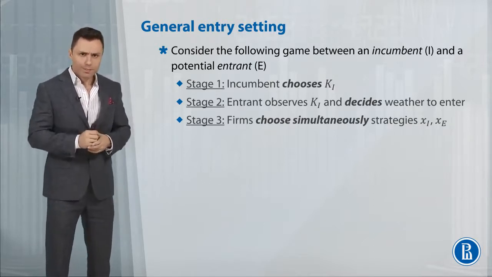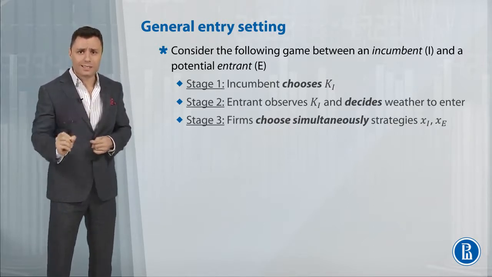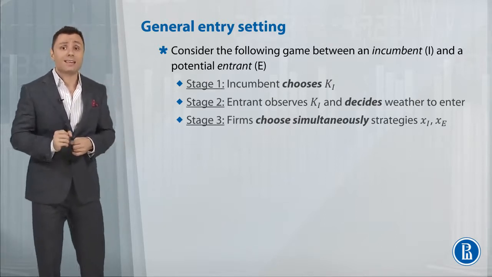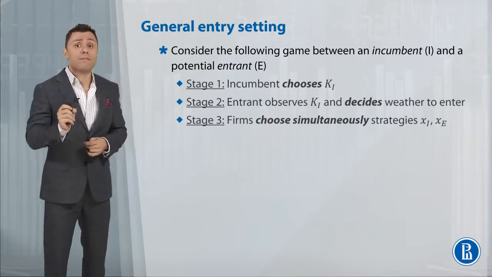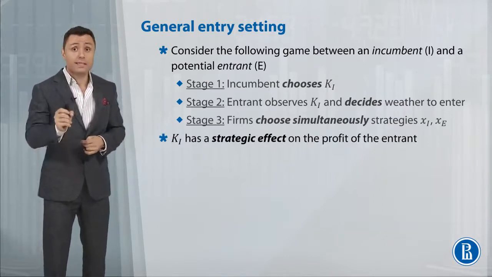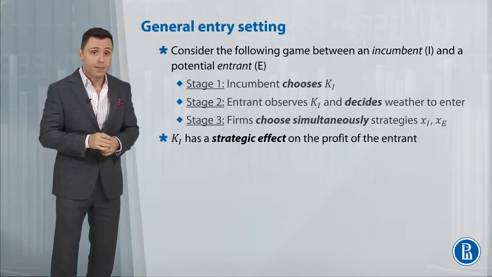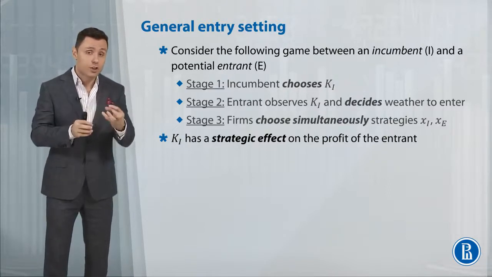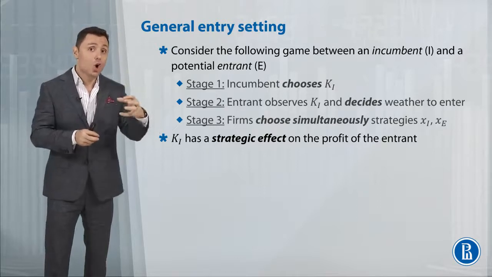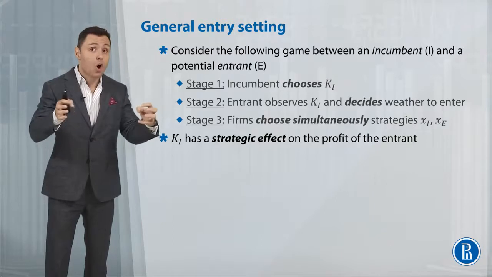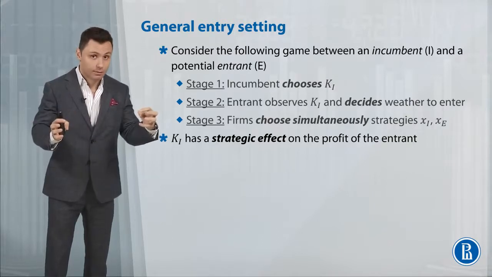Now, what is important to understand, and is the most important thing in this segment, is that there is a strategic effect. There is an effect that is not direct, is strategic. And this is the effect of the investment of the incumbent to the profit of the entrant.